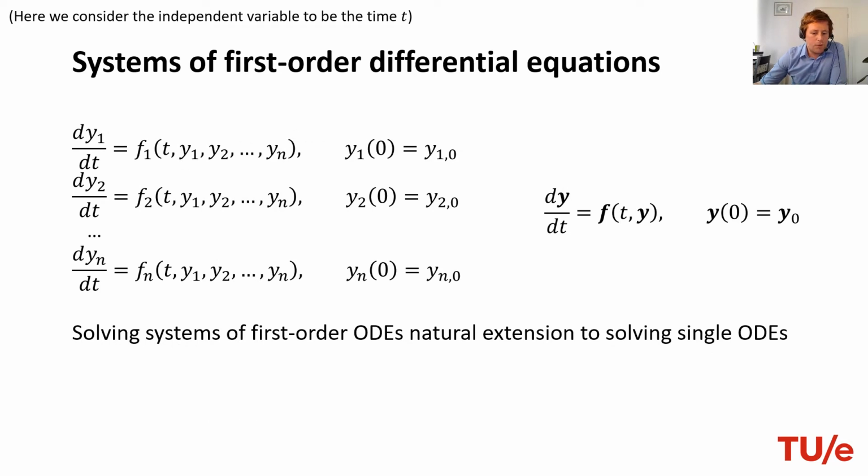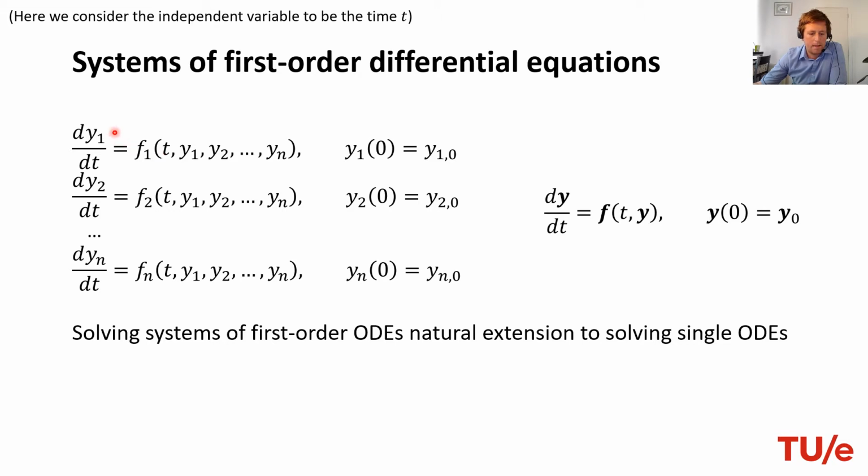Now, solving such systems of first order differential equations is a quite natural extension to solving single ordinary differential equations. Here in the notation, I just consider the independent variable to be the time, t, instead of x, but that's more of a detail. Let's say that we have n coupled equations.